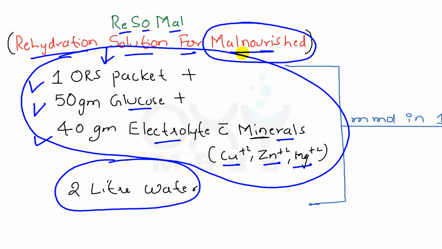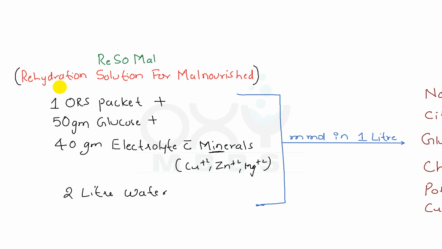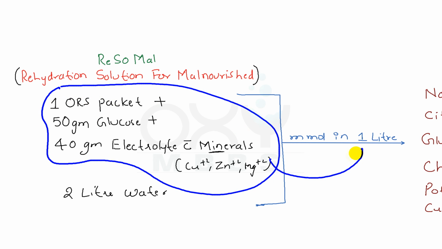So for the malnourished patient, along with the ORS packet we add extra 50 grams glucose, 40 grams electrolytes with minerals. Now friends, let's see concentration of all these constituents in 1 liter water.